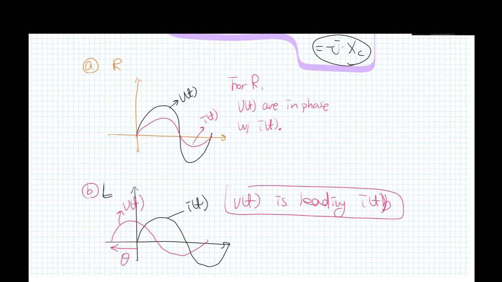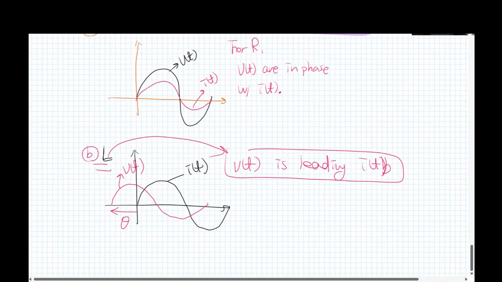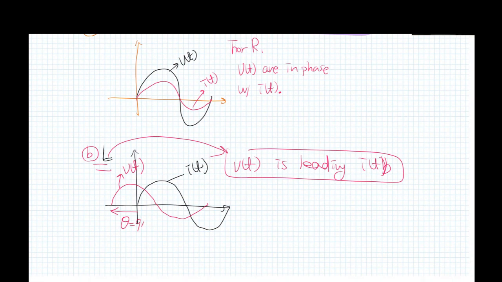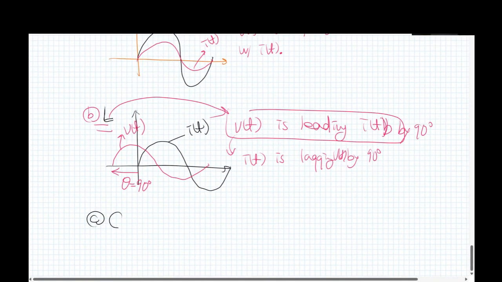So for the inductor case, v of t is leading i of t, okay? Usually for pure cases, that is 90 degrees. So what that means is i of t is lagging v of t by 90 degrees, okay? By 90 degrees. Yeah. So the last one is C, the capacitor case.